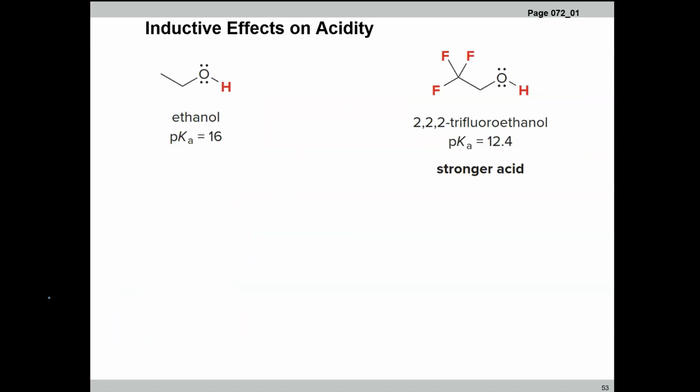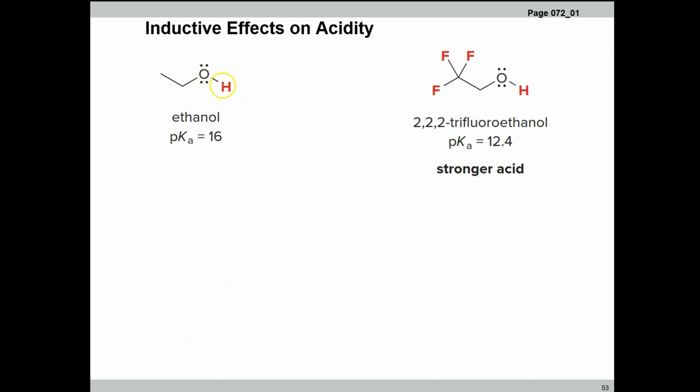Other things can create changes in the acidity of certain compounds. That table is a good starting point, but there are other things that can influence the acidity, and one of those is inductive effects.